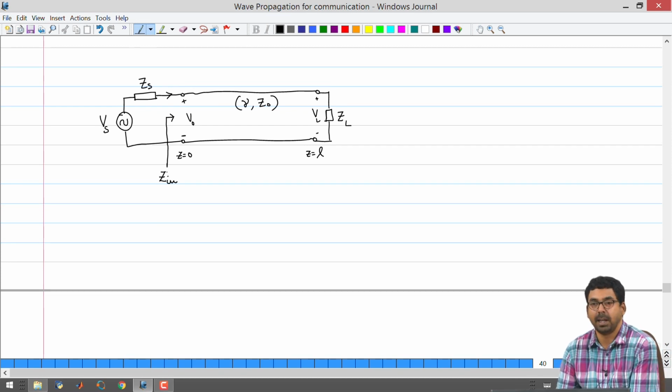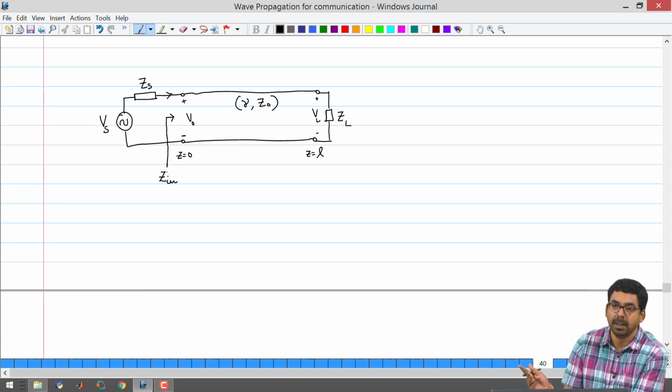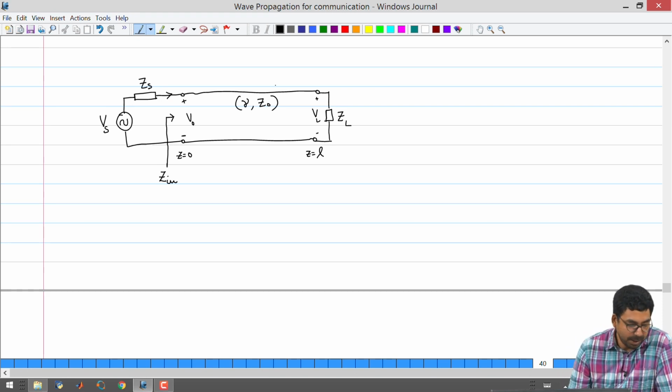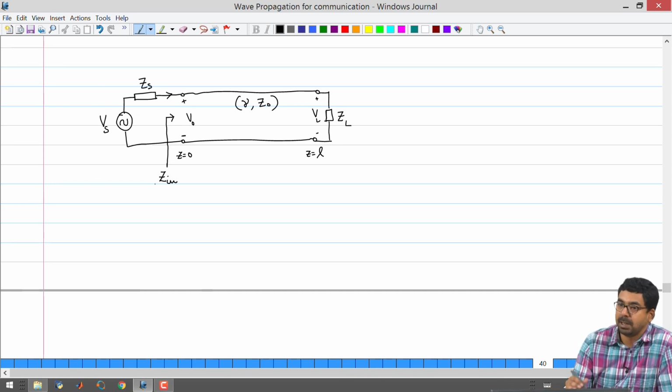It is an effect of the characteristic impedance and the load impedance put together, and we will find out about all these things in just a minute. So, this is the circuit diagram based on which we are going to start the derivation for reflection coefficient and voltage standing wave ratio.